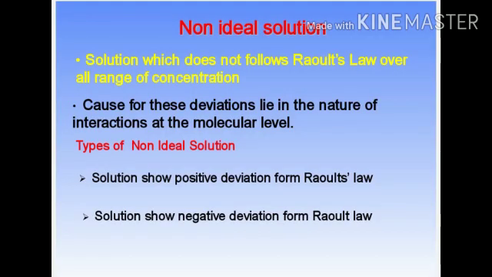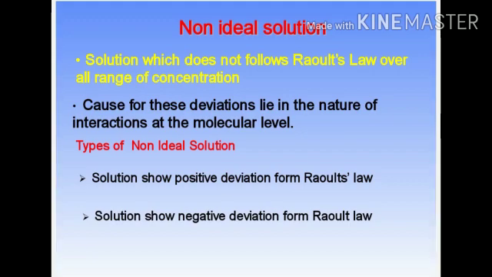Well students, move to the second type of solutions, that is non-ideal solution. A solution which does not obey Raoult's law is called non-ideal solution. And cause for these deviations lie in the nature of interactions at the molecular level.